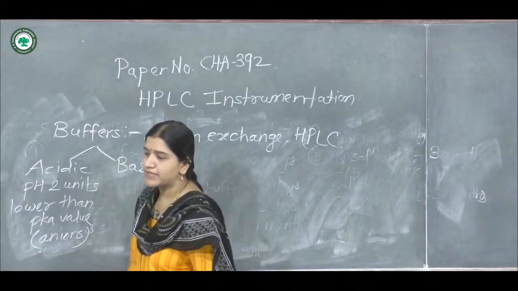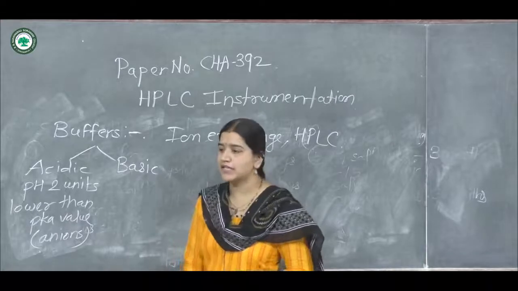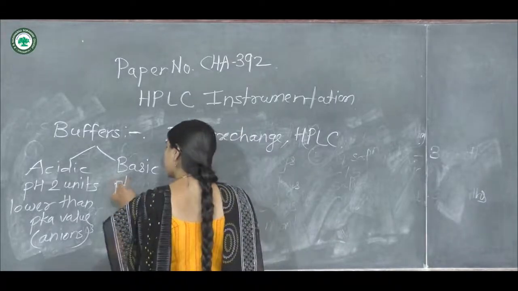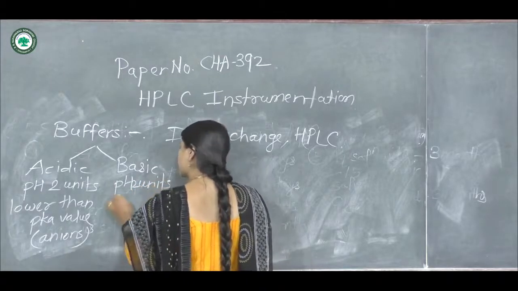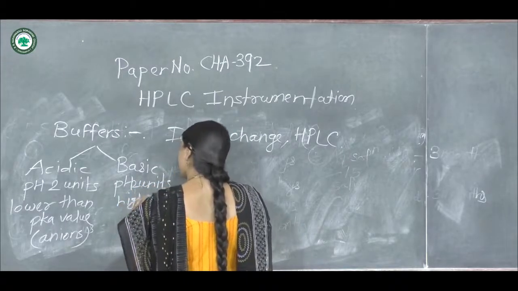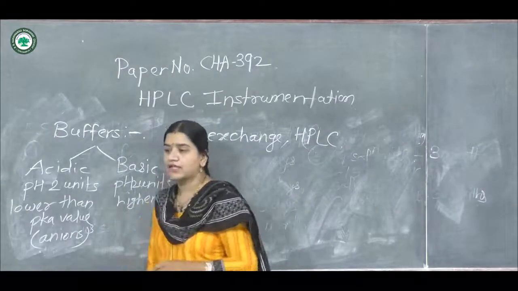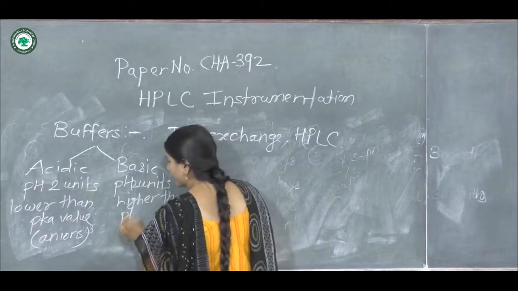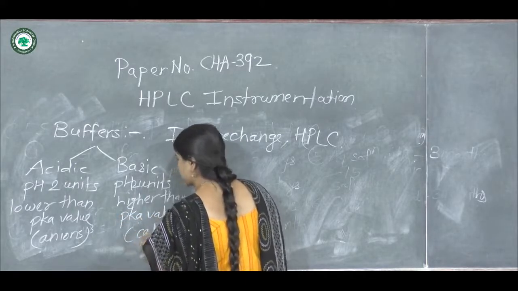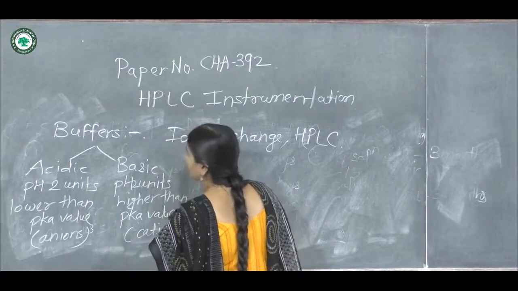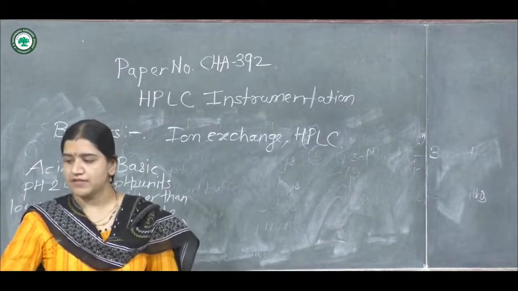While for a basic buffer at 2 pH units higher than the pKa value, it will give you the cations. So either you will use the acidic buffers or the basic buffer.